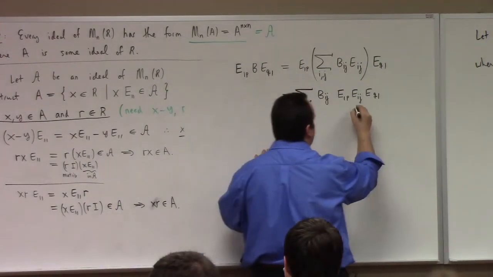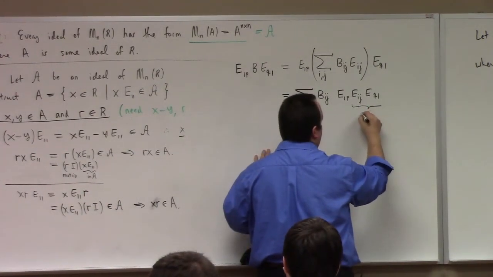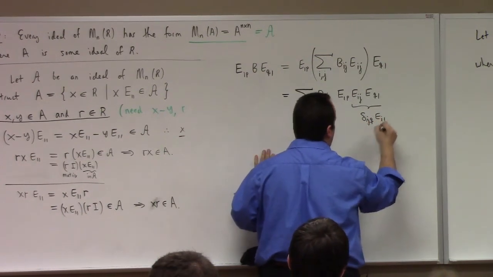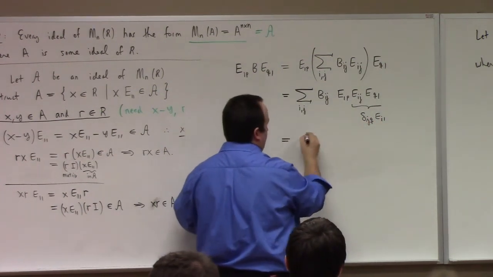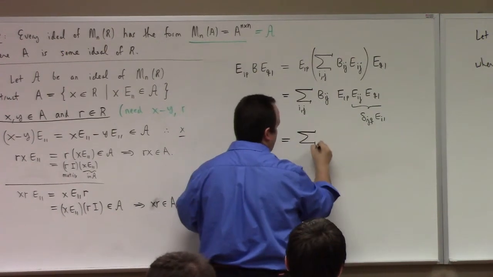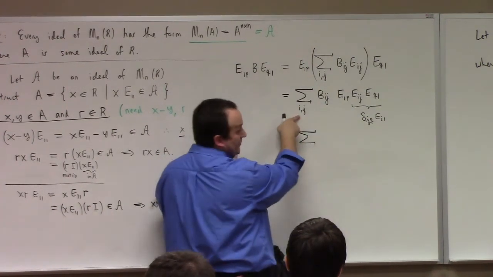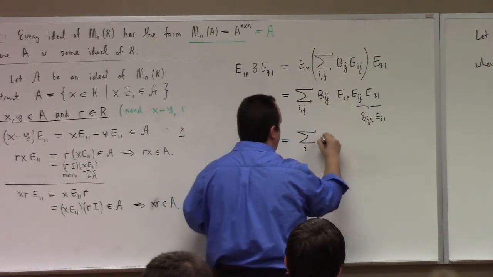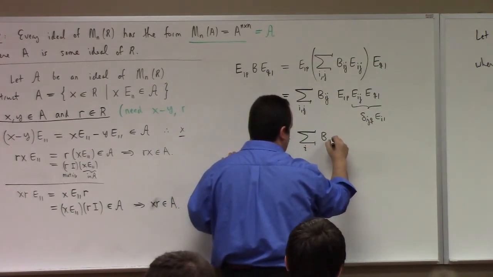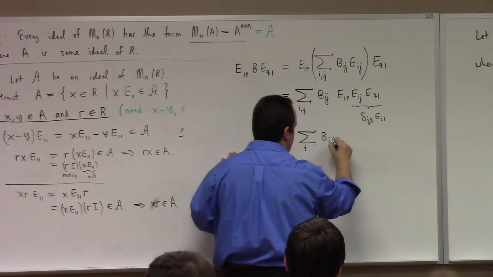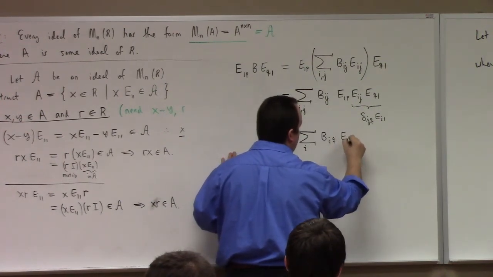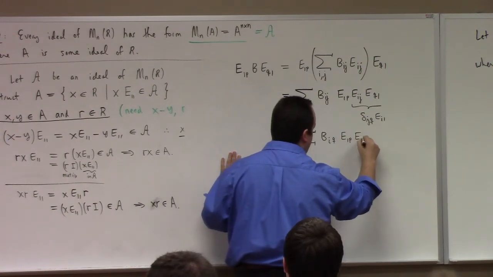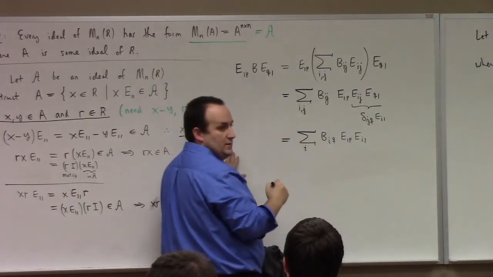So this one gives me a Kronecker delta j,Q times E_i1. Now that Kronecker delta kills off the sum over j and leaves me with j equals Q. It just leaves the sum over i. So I've got b_iQ, E_1P, E_i1.